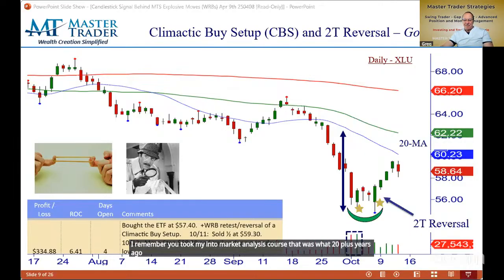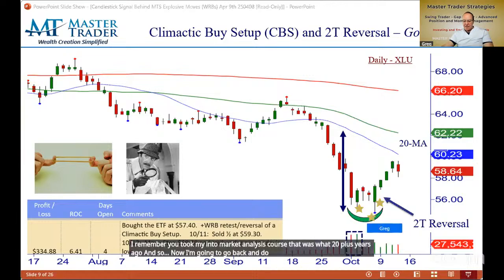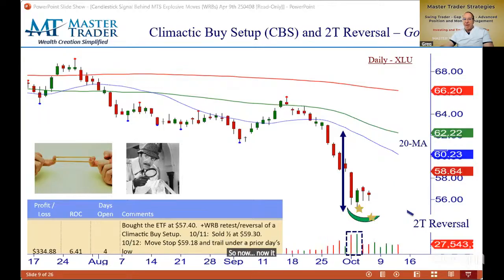So now it's like green bar, big deal, right? It's in a downtrend. I know it's extended, but it could become more extended, right?